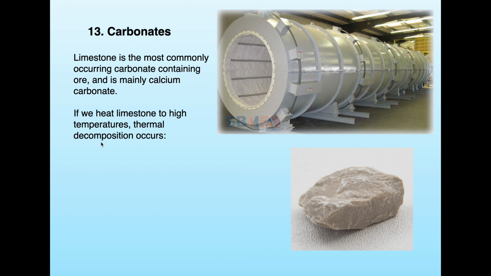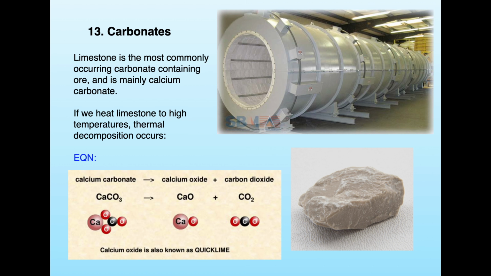So we heat it up and it thermally decomposes. Now you might remember this from the blast furnace. When you heat calcium carbonate, it thermally decomposes to give... What does it give? Have a go. It gives calcium oxide and carbon dioxide.